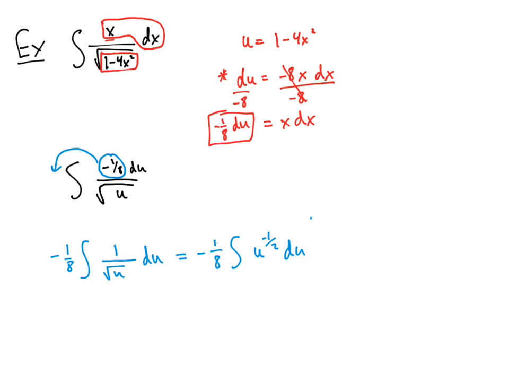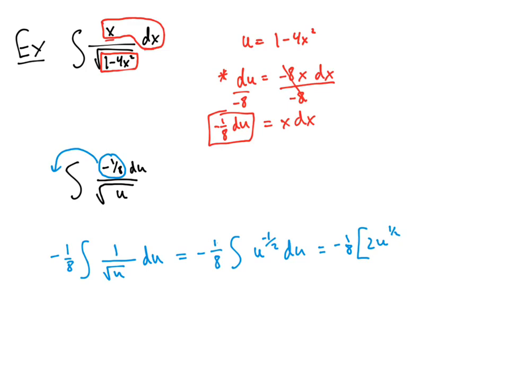Okay, so we did all this intermediate simplification. Now let's actually find the antiderivative of u to the negative 1/2. This will be negative 1/8 times the antiderivative of u to the negative 1/2, which is u to the positive 1/2 divided by 1/2, which is the same thing as multiplying by 2 over 1, or just multiplying by 2.